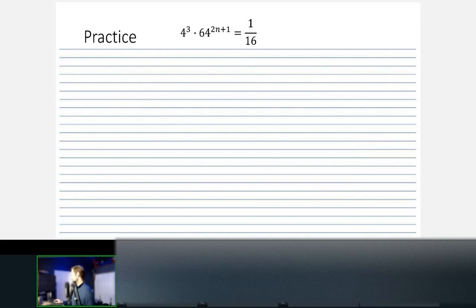All right, so we get 64. That one becomes, what is that, 4 cubed? And then that 16 is 4 squared, which becomes 4 to the negative 2.